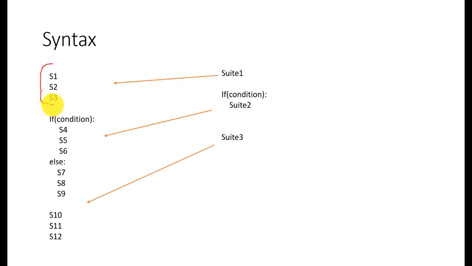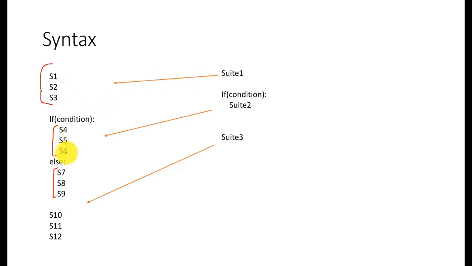Same thing we have mentioned on the next slide. In our program, we normally have a few statements before the if else block, and then we have a few statements in the if block. We have a few statements in the else block.